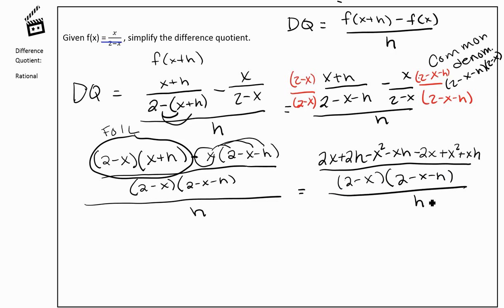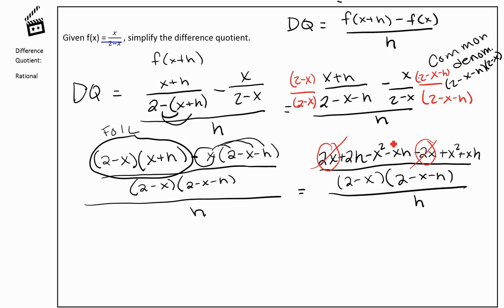Now, you're probably thinking this is a complete mess and that we're not getting any better. But remember what I told you, that things that don't have an h in them will cancel out. So let's look at the very top. We have this 2x here, and here we have a minus 2x, so those together make 0.